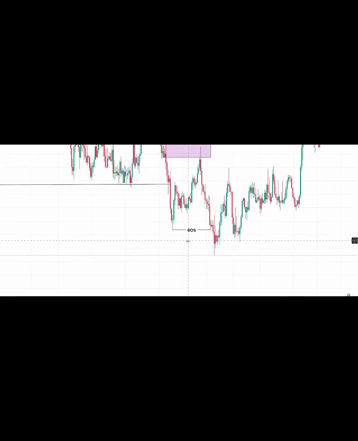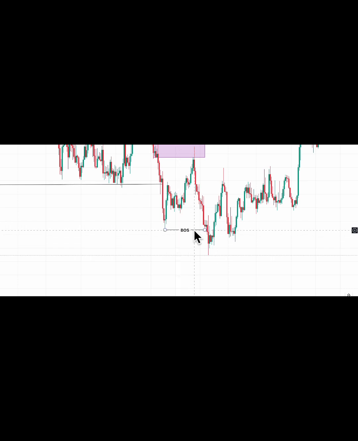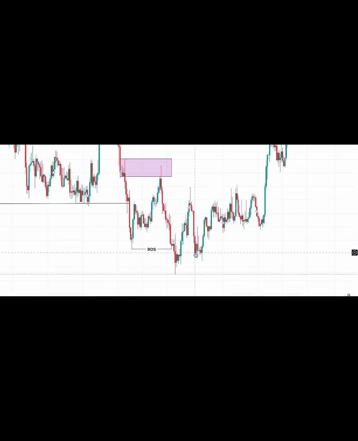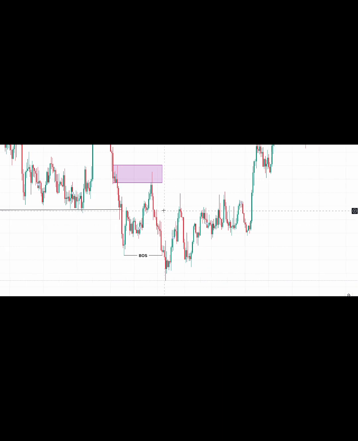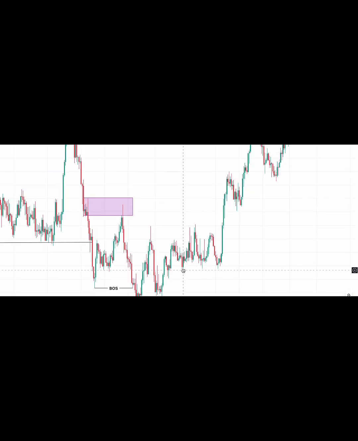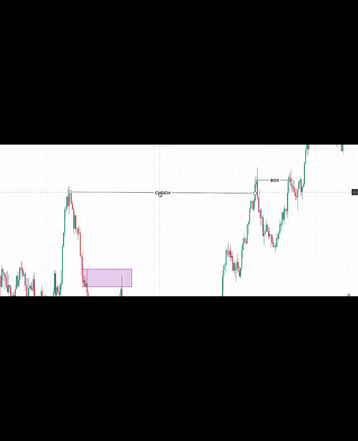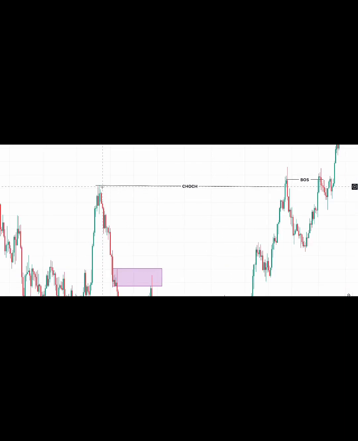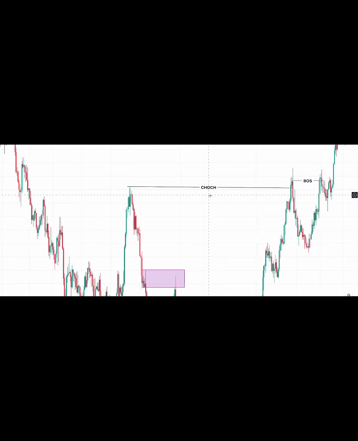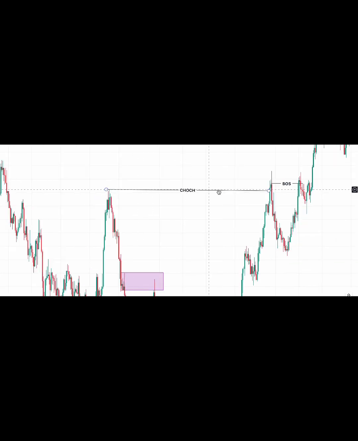Same as well, this will be the last BOS we have before the price is going to have another trend reversal from the bottom zone right here to the uptrend. So here, same as well. We change and slightly take the previous high, the shadow, the wick level, as our break of structure line.